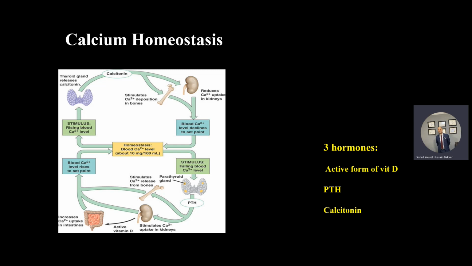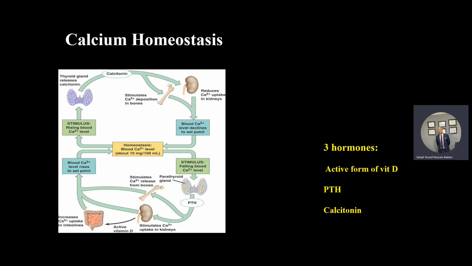The anterior pituitary responds to the hypothalamus by releasing TSH, and the TSH in turn stimulates the production and release of thyroid hormones.